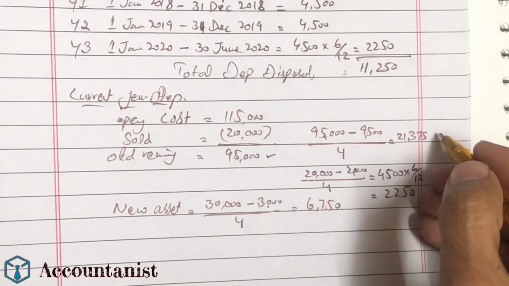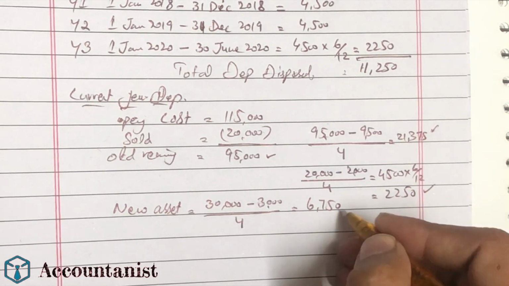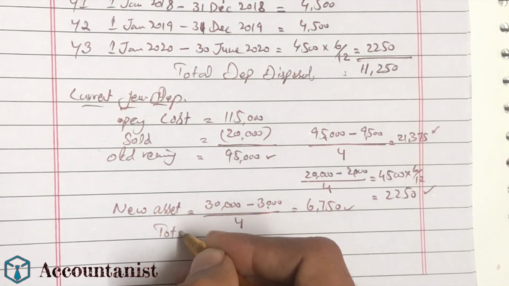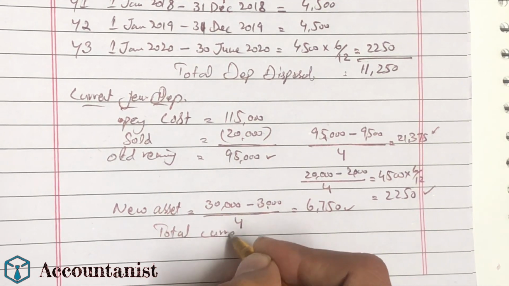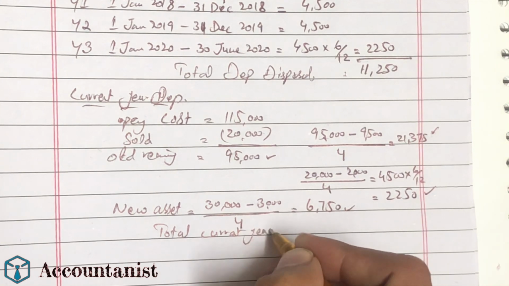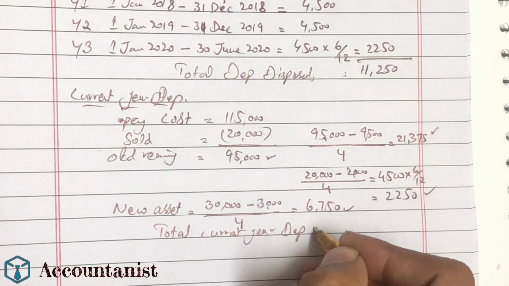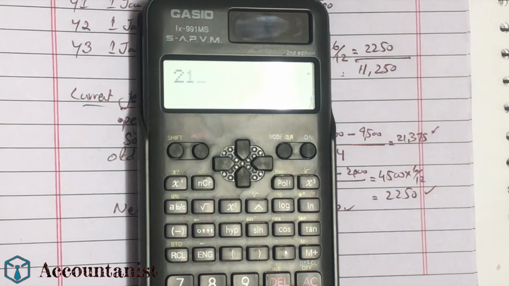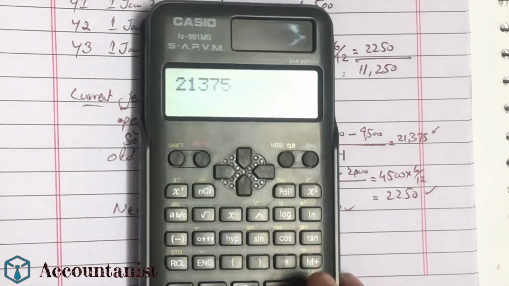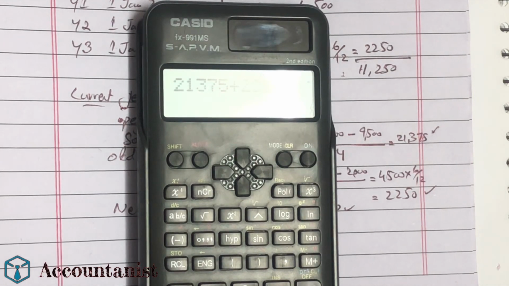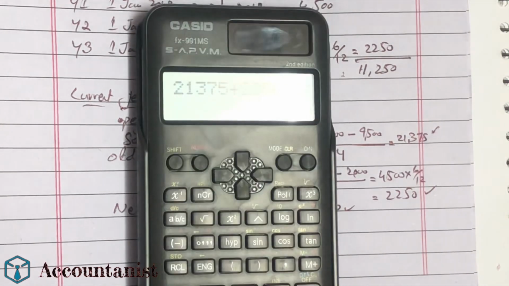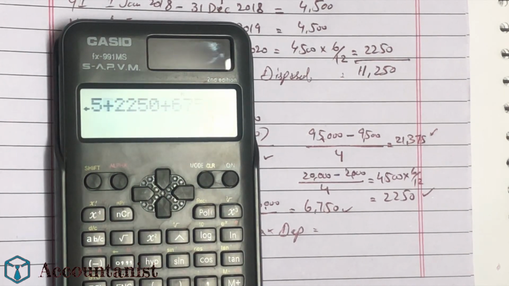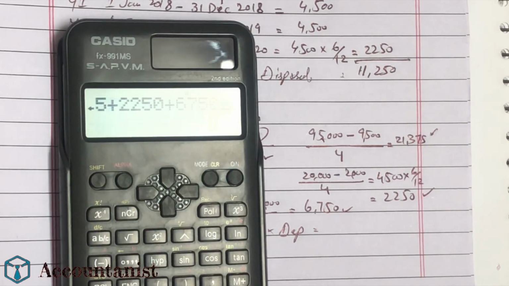So for the total depreciation, I have to add the 1, 2 and 3 figures to get the total current year depreciation. The old one was 21,375 plus 2,250, which is the sold one's current year depreciation, and the last one is 6,750, the new asset depreciation.